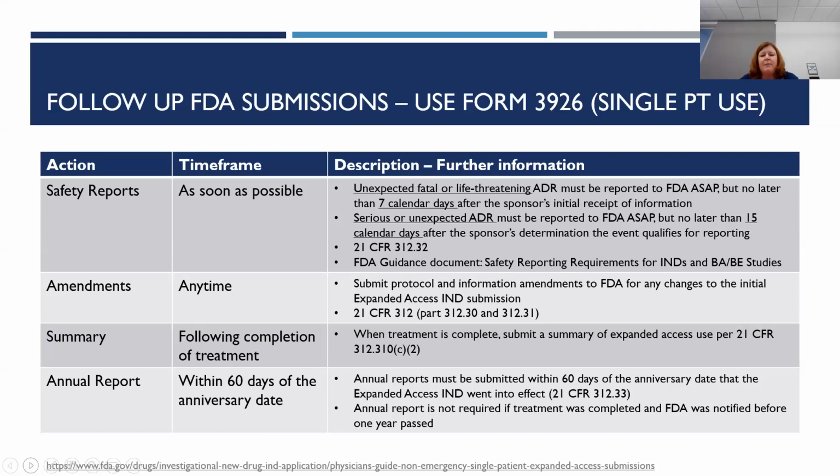And anything that would be considered serious or unexpected has to go within 15 calendar days. There's certainly more guidance out there related to what exactly would be considered serious and unexpected, and I've listed those guidances there in the regulations as well.